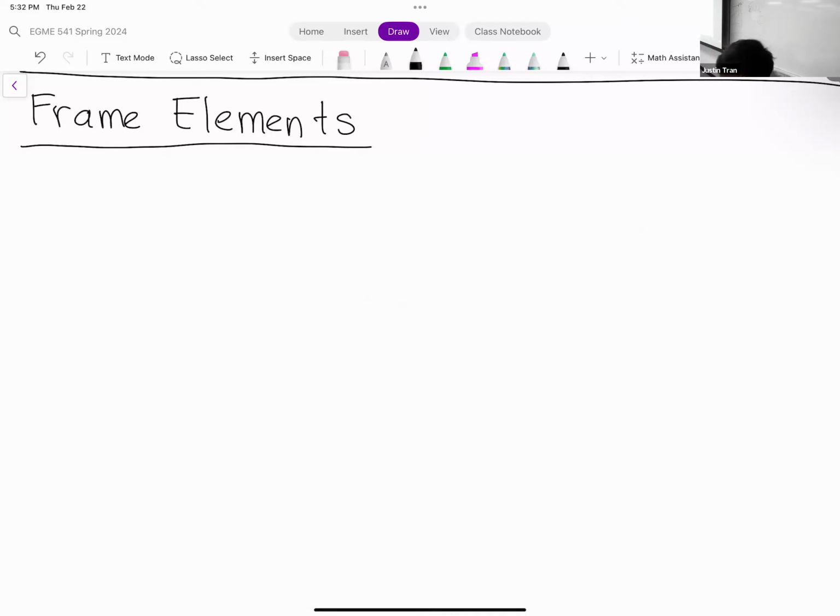Up to this point, let's summarize all the elements that we've covered so far. We've covered springs, and we've covered trusses. Springs and trusses are quite similar in that they both deform in the same way: both are axially deforming members.